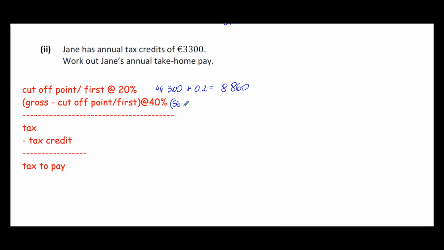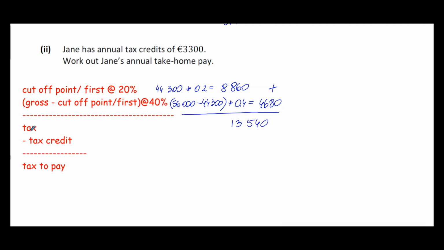Here we did the balance, whatever was remaining: from gross, we took that first 44,300 away, multiplied by 0.4, and got 4,680. Together, when I add them, they add up to the tax. So let's add that up.